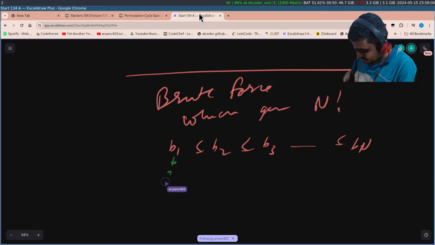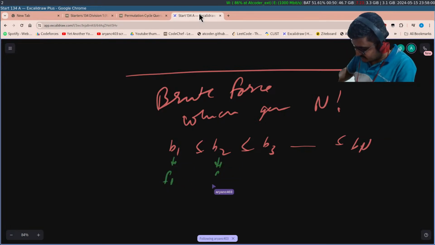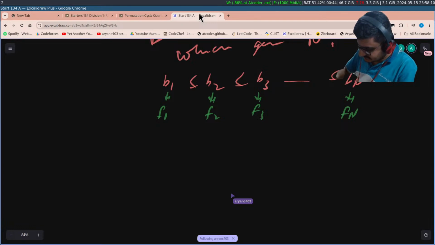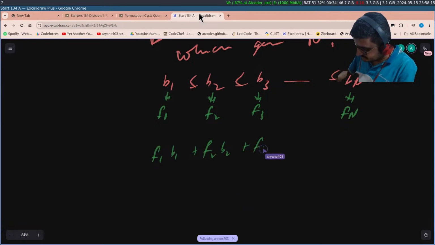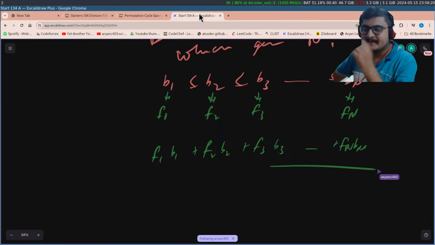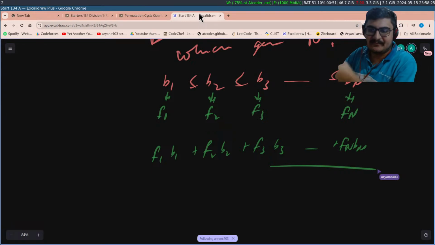For the smallest element there would be some multiplying factor f1 when you look at the sum over all permutations, for the second smallest there would be f2, for the third smallest f3, and so on up to fn. Overall the answer would become f1 b1 plus f2 b2 plus f3 b3 and so on plus fn bn. The idea was to write a brute force which runs for n up to 8 only, and for each element in the sorted sequence find the multiplying factor we need for the final answer.